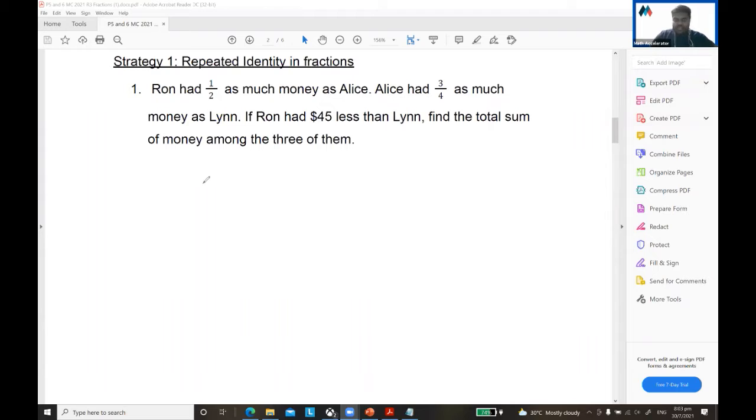So write down here, Ron. Remember, the first step is to turn fraction into ratio. So Ron is to Alice is 1 is to 2. Ron is 1 unit, Alice is 2 units. Now in the next sentence, Alice has 3/4 as much money as Lynn. Can you type how many units does Alice have and how many units does Lynn have?